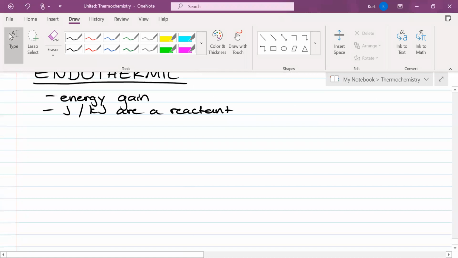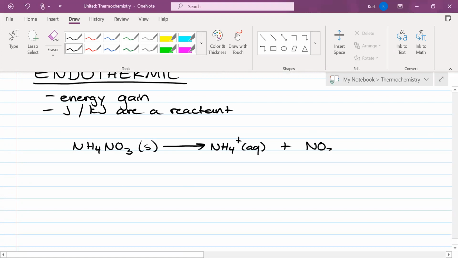Oops. All right, so here is a chemical equation we did yesterday. Where would I put the kilojoules?